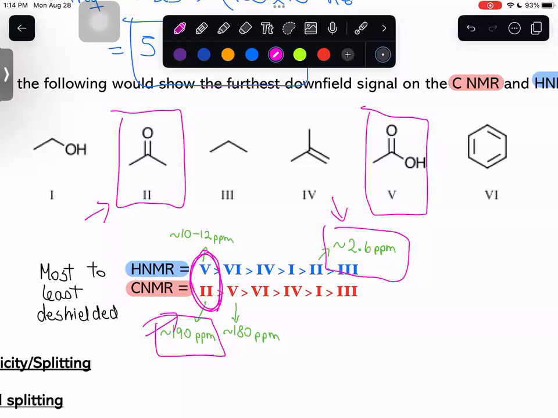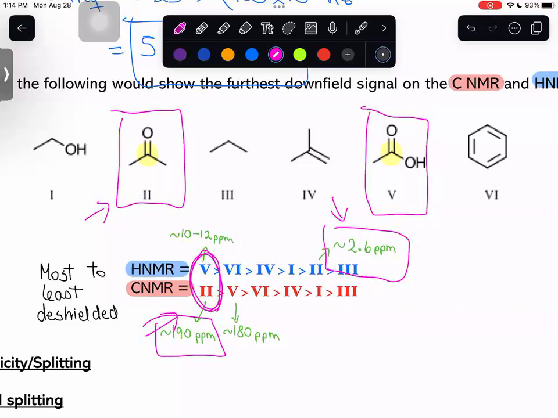So if we start with CNMR, let's just start with the carbon. That means we're looking at this carbon and this carbon, between the ketone and the carboxylic acid, right? Once you know that, you have to memorize the approximate chemical shift for both of them.